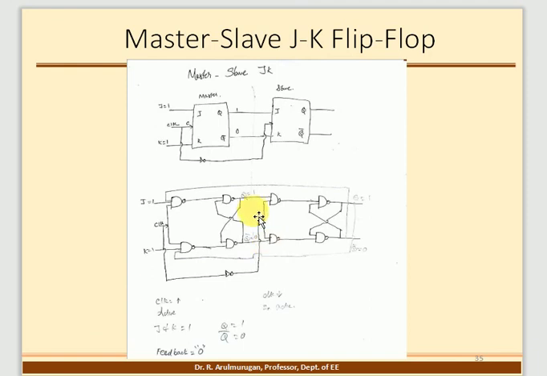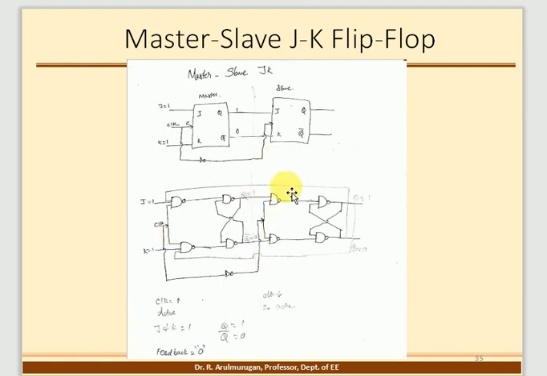This output is fed to here, then through two more gates, and the final output is there. You take this output and connect it here, and this output you connect here, as usual for the JK flip-flop type. But only one difference: the JK flip-flop has 3 inputs, but here it is only 2 inputs.